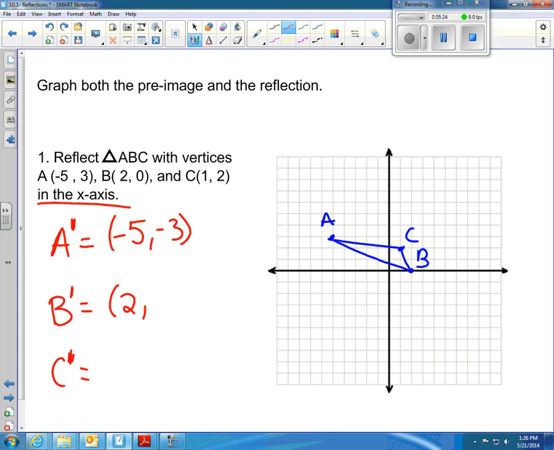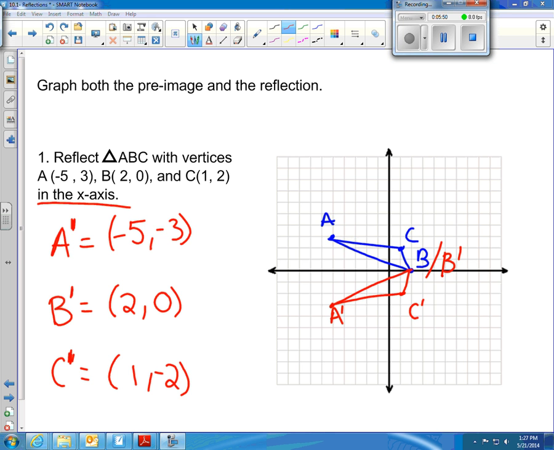B is 2, 0. 0 times -1 is going to stay 0. And then C, 1, and then 2 times -1 gives us -2. Go ahead, we're going to graph these points, but we're going to label them A prime, B prime, and C prime. So I'm going to pause the video, you pause the video, and then we'll come back and compare.